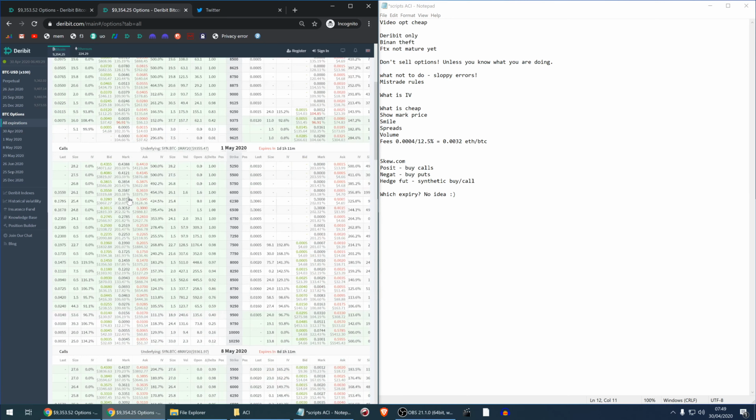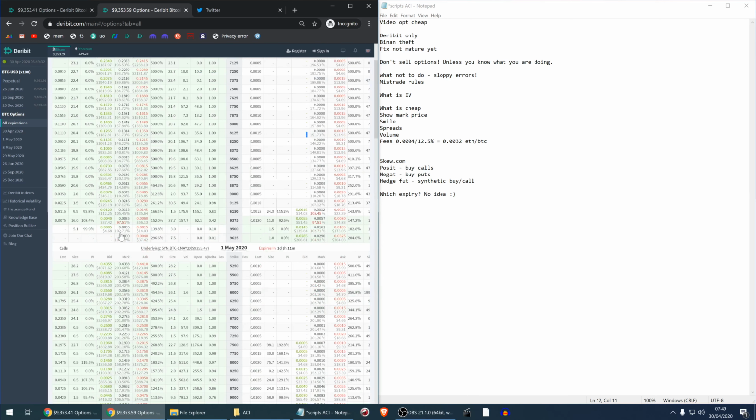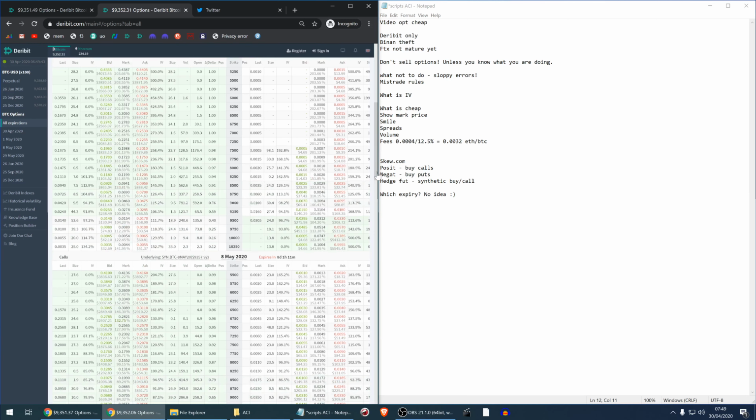And that implies that the implied volatility will probably drop to around 60% when it's less volatile, but at the moment it is very volatile after the big move up to almost 9.5k. So that's the implied volatility.